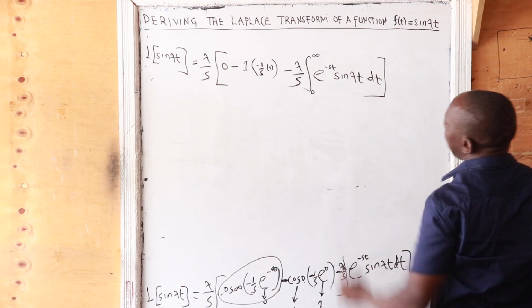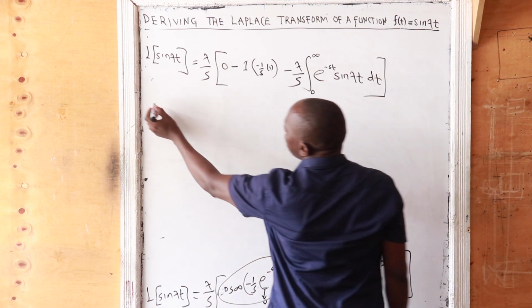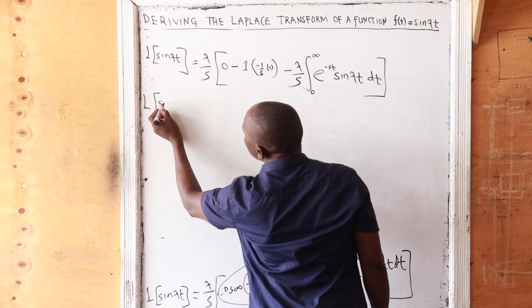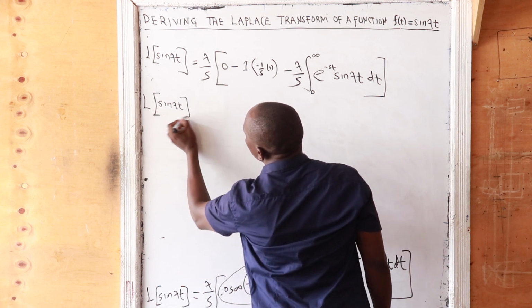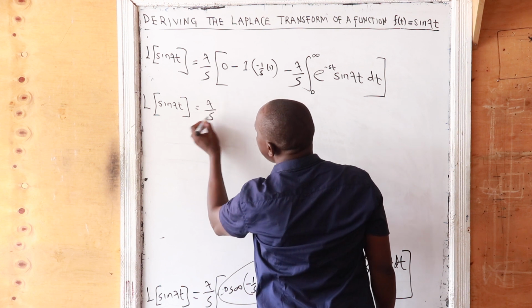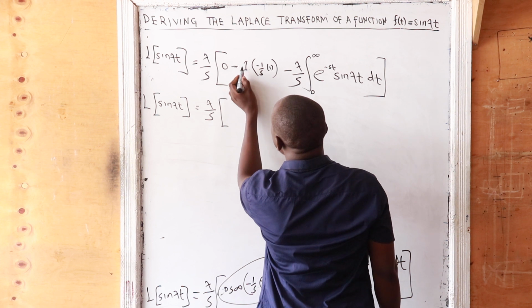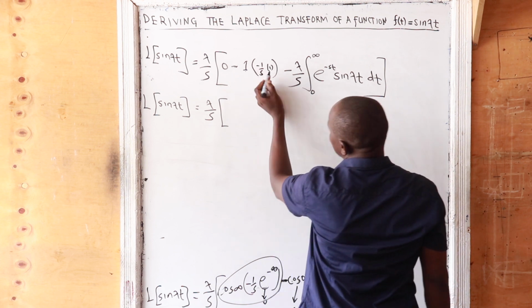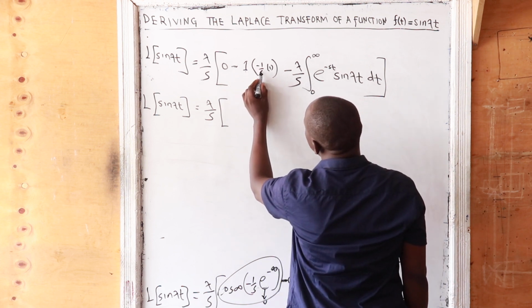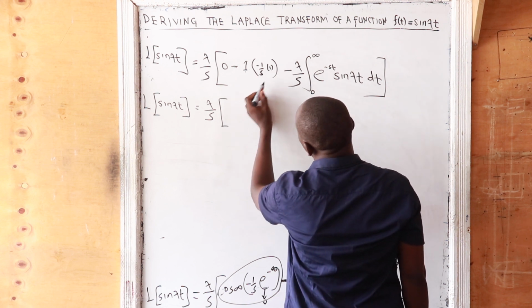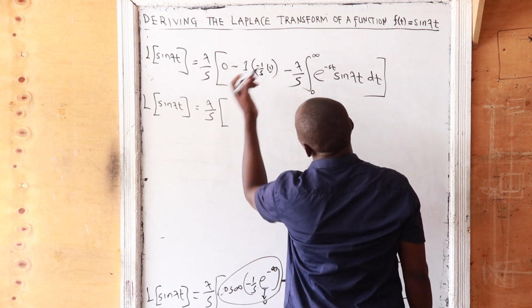Let's close our brackets. Here, we get the Laplace transform of sin lambda t equal to lambda over s into, this is 0. Remember, 1 times anything is that thing. So this 1 and 1, if you multiply them, remains 1.